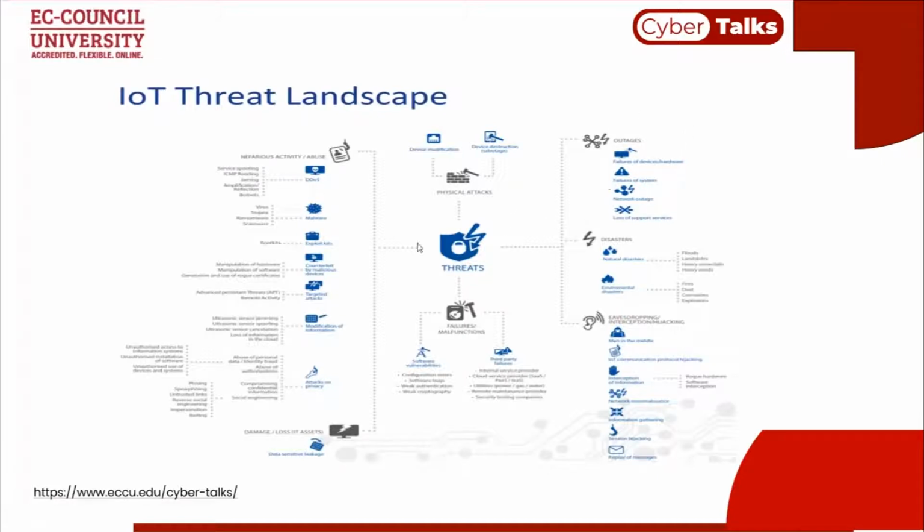The other is, once you have the access, or once you know that these are the potential IoT devices that you want to target, you can do various types of attacks. You can do DDoS, you can do many other things to create outages. If a natural disaster happens, that also becomes a threat for IoT devices. Eavesdropping or interception hacking is also possible.